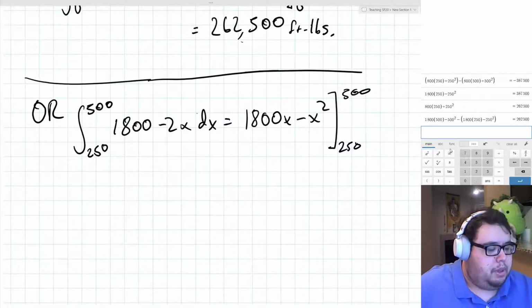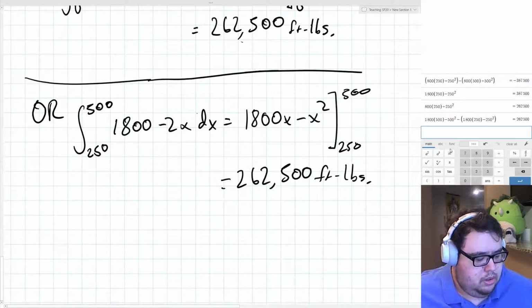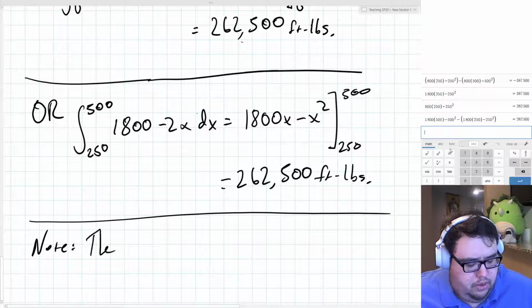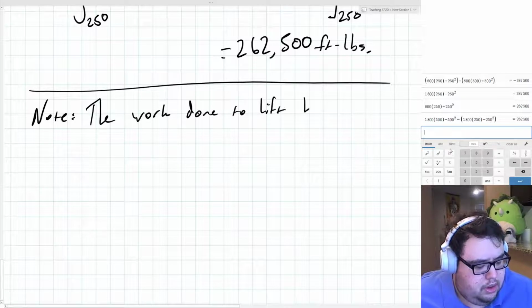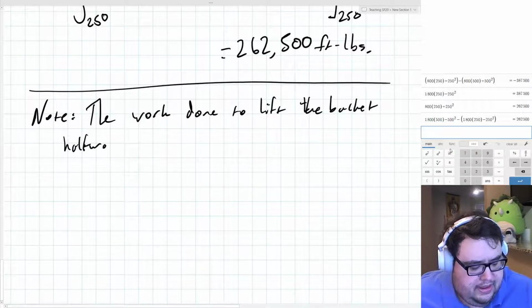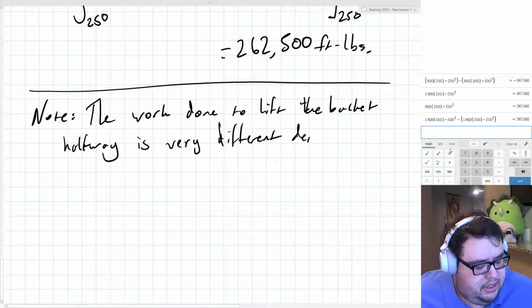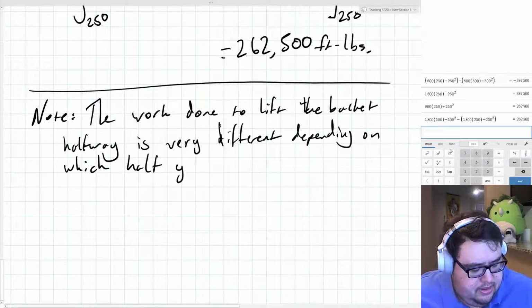Which of course gives us the exact same number. So, as a note here, the force, or the work done to lift the bucket halfway is very dependent, very different, depending on which half you're talking about.